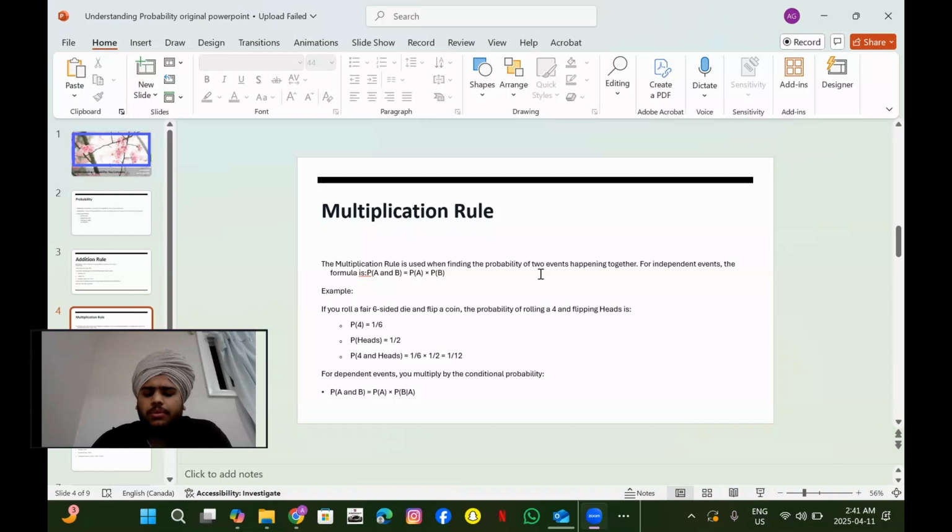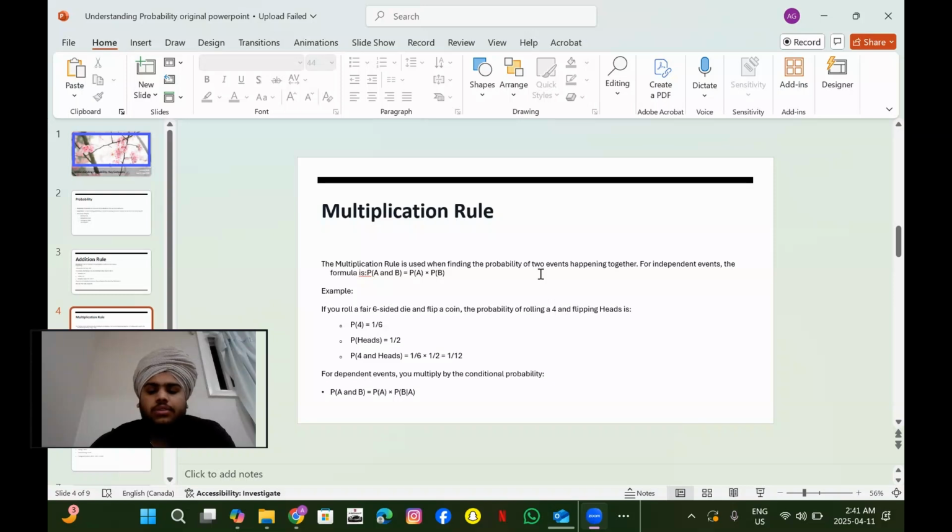To find the probability of both events happening, we calculate the probability of A times the probability of B.